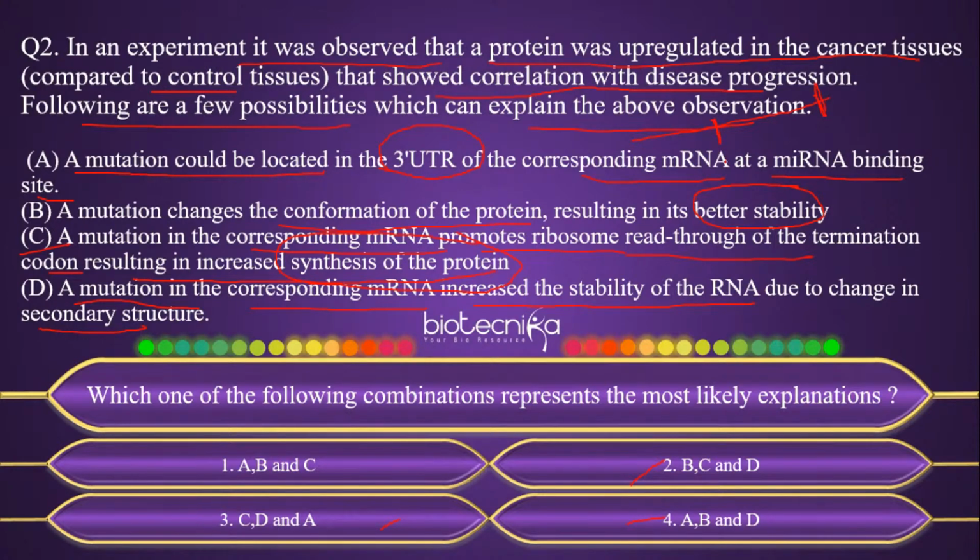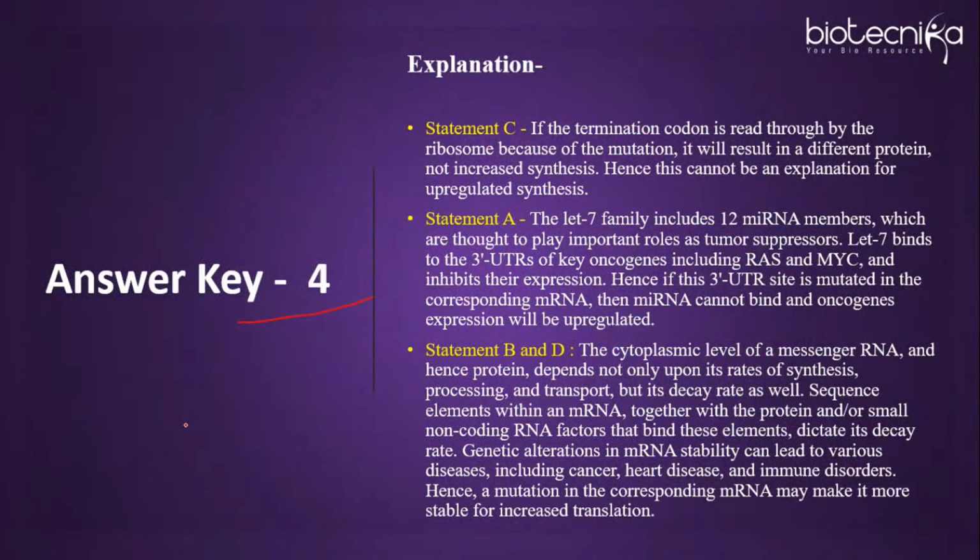Do you think if it terminates here, there will be increase in the protein synthesis? No. So easily we can kick off this statement. So if this statement is removed, what are we having? A, B and D. So what is the correct answer over here? Fourth one. Right.